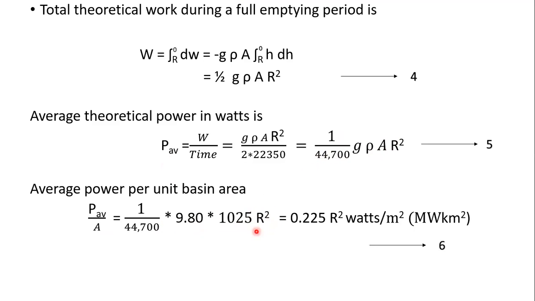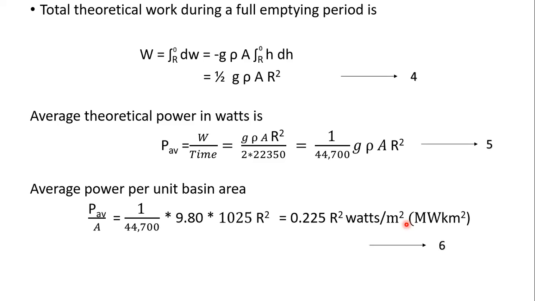We don't know R square. If you calculate all the numerical values, 1 by 44,700 into 9.80 into 1025, you will get 0.225 into R square watts per meter square, or we can write megawatts per kilometer square.